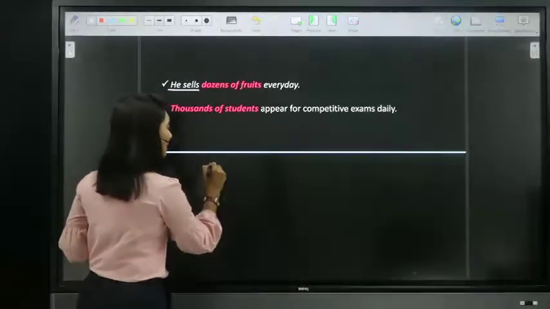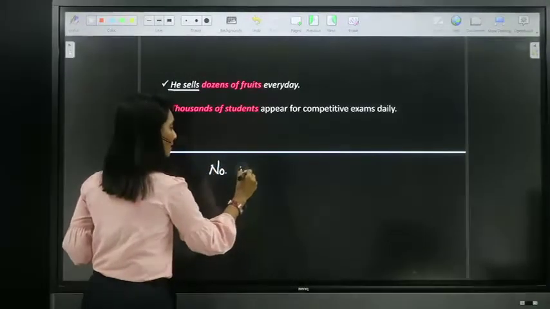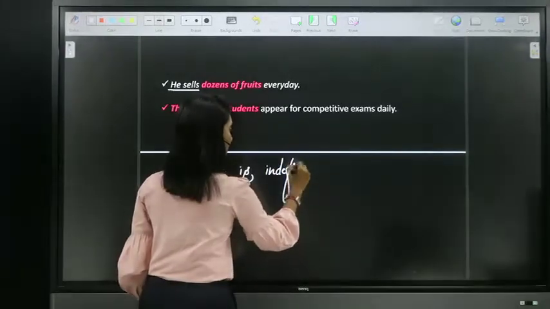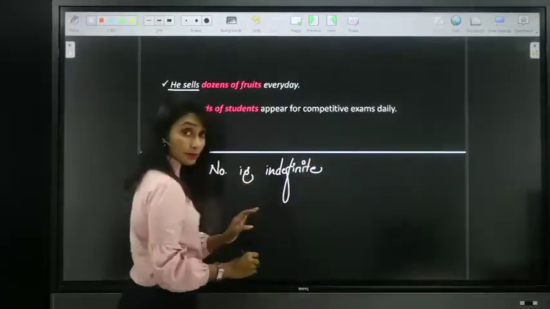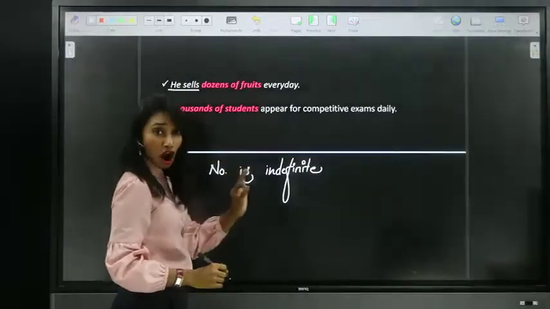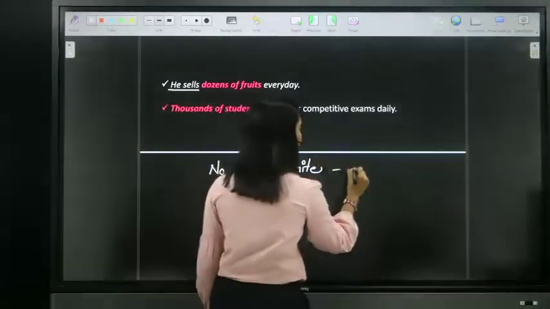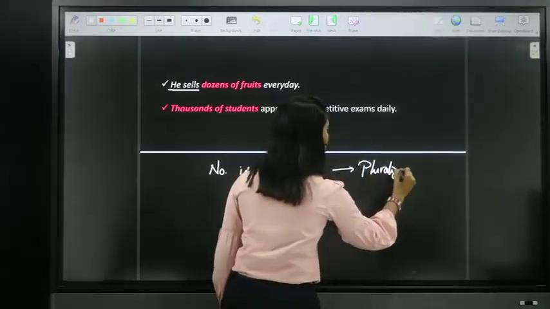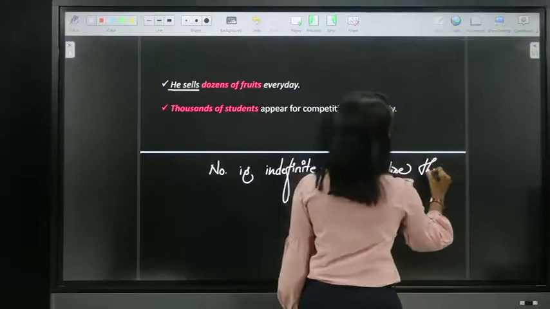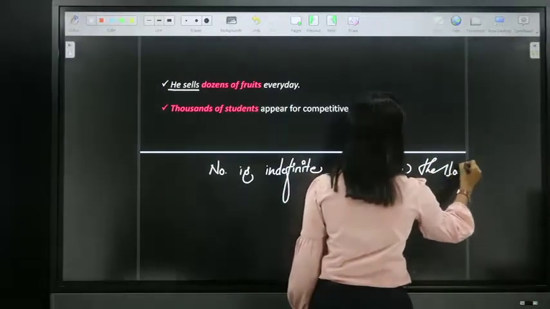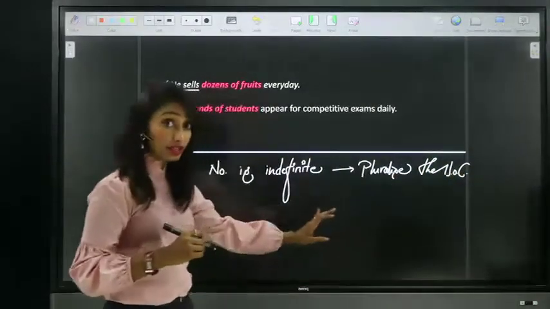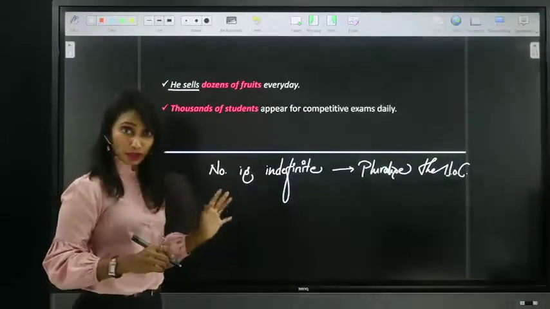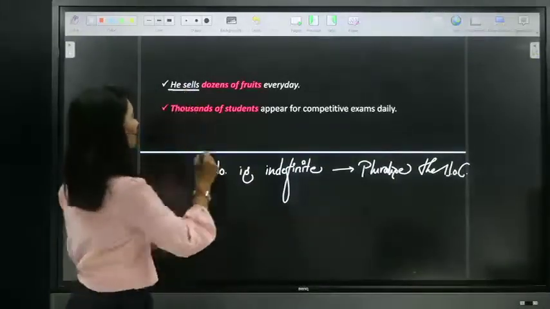Remember, when the number is indefinite, when we are not sure about a particular number, we are not sure of how many in particular, then we can pluralize the units of counting. We can pluralize the units of counting only when the number is indefinite, when we do not know the particular number.